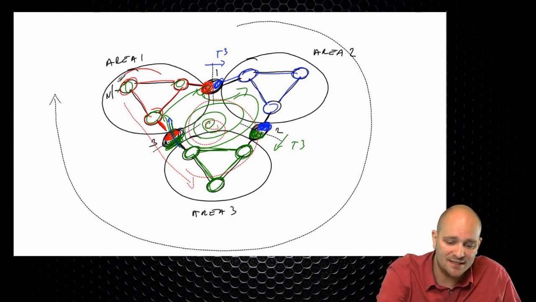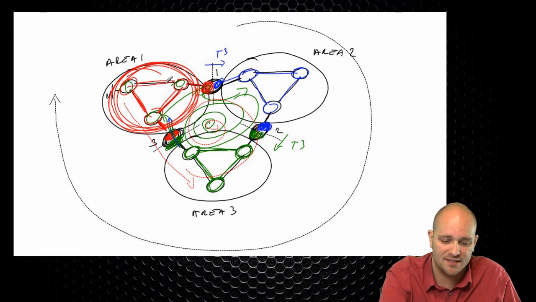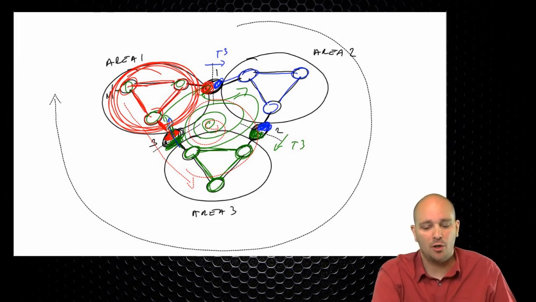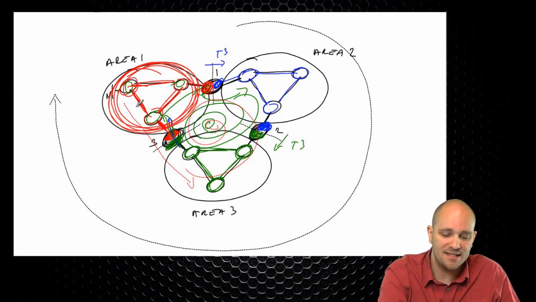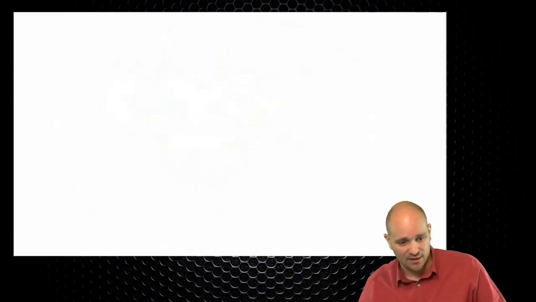Because inside this area 1, we are always going to prefer these internal paths, no matter what the cost says outside. Because if we take a look at this network from the perspective of area 1 routers, this is how this network looks.